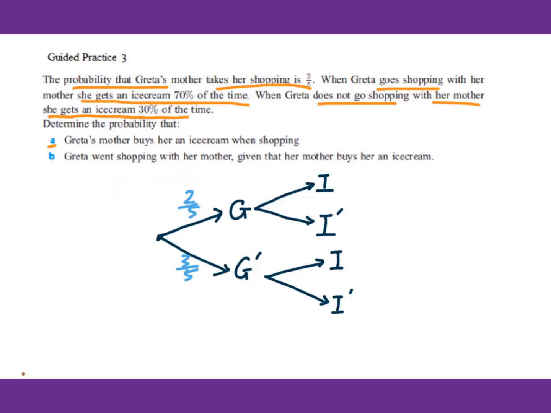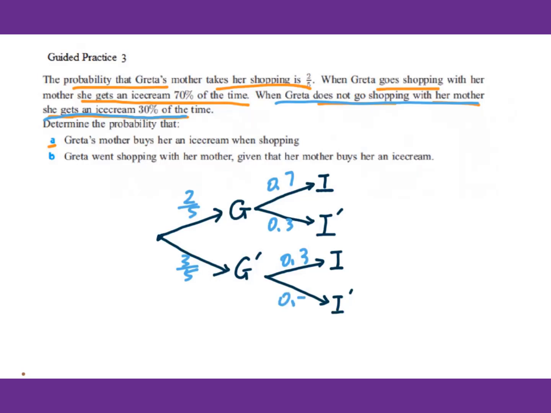So we have 0.7. This will be 0.3. According to this information, she will get 0.3 for getting an ice cream.